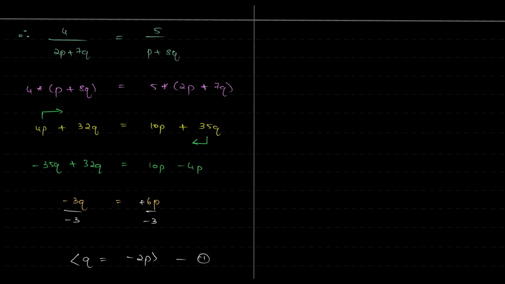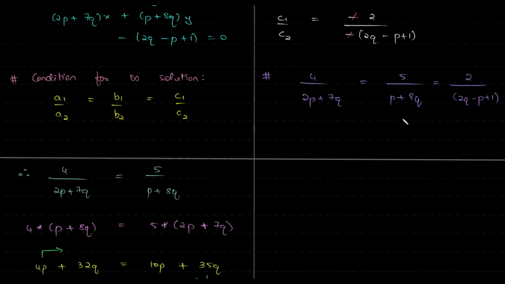Okay, how will we make use of this? We will consider the second and the third expressions over here. Also we can consider the first and the third, because we have a 4 over there and there is a 2 on the other end. 4 times (2p plus 7q) is equal to 2 times (2q minus p plus 1), right?